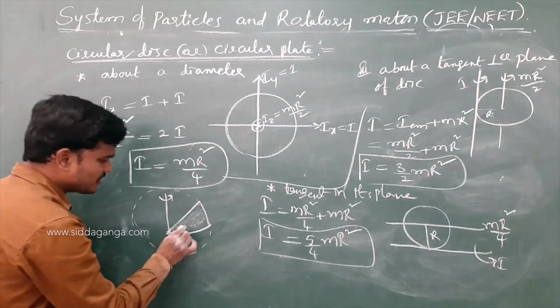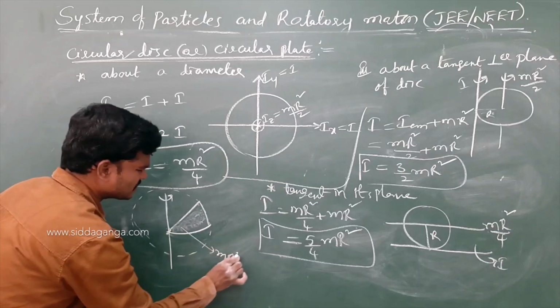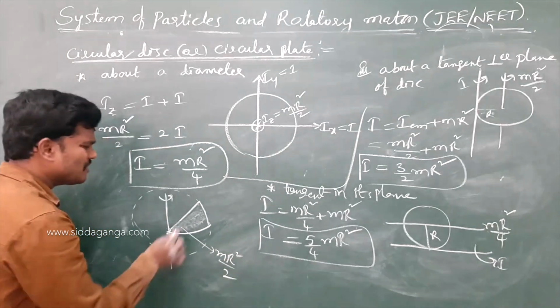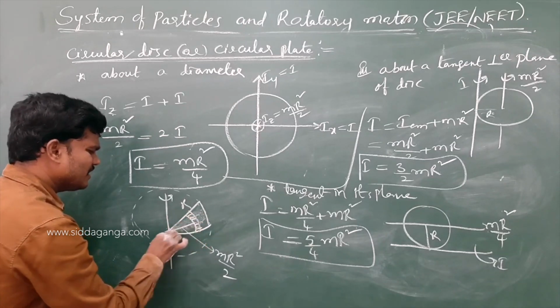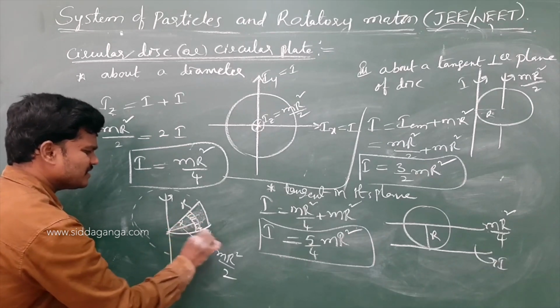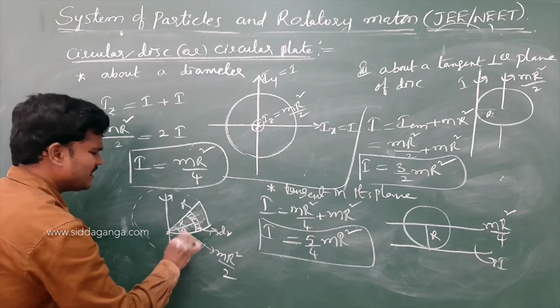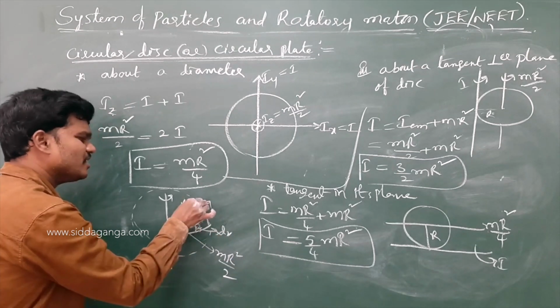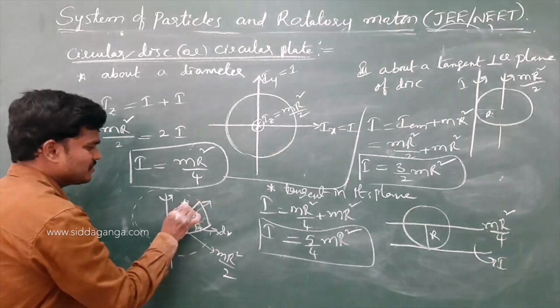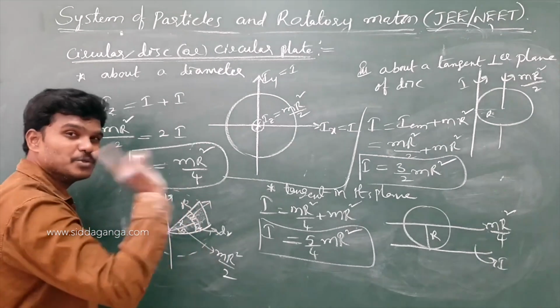The formula is the same, mr square by 2. If you want, follow the same method. If r is the radius, take a small part at a distance x, with width dx and angle theta. Take a small mass and apply the integration from 0 to capital R, or whatever the radius may be. You will get the answer mr square by 2.